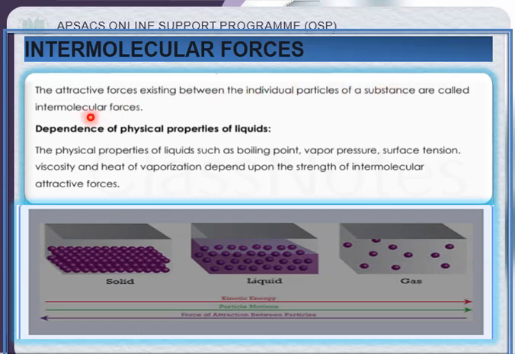The force of attraction between particles decreases, and gas has the maximum kinetic energy. The force of attraction between particles increases from gas to liquid and liquid to solid.